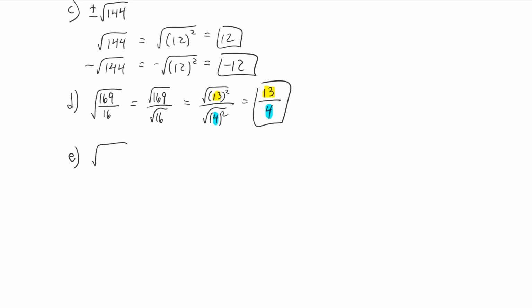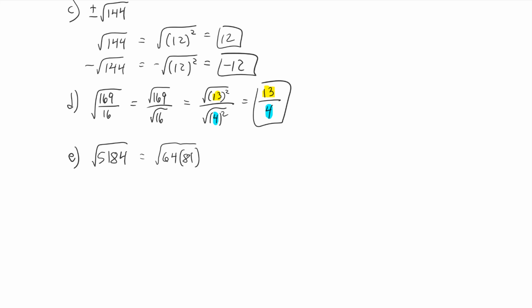Well, what if they give you a really large number, like 5,184? If you have a really large number, it's possible that it's just comprised of smaller perfect squares. You can get 5,184 by taking 64 times 81.